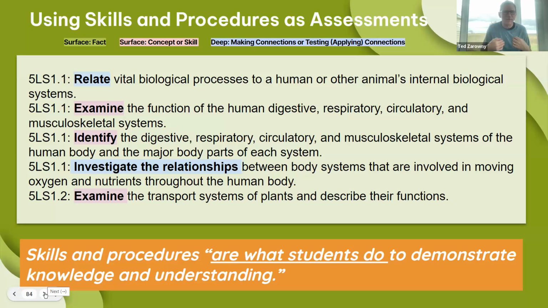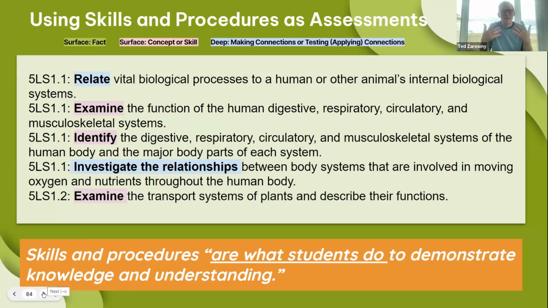And finally, even examining the transport system of plants and animals and describing their functions, it's kind of a knowledge level. But when we start getting into the whole relationship of things and how these things work together, that's when we start getting to that deep level. And we know that kids are working at that level when they have all those concepts interrelated. So when you take a look at those skills and procedures, just keep that in mind.